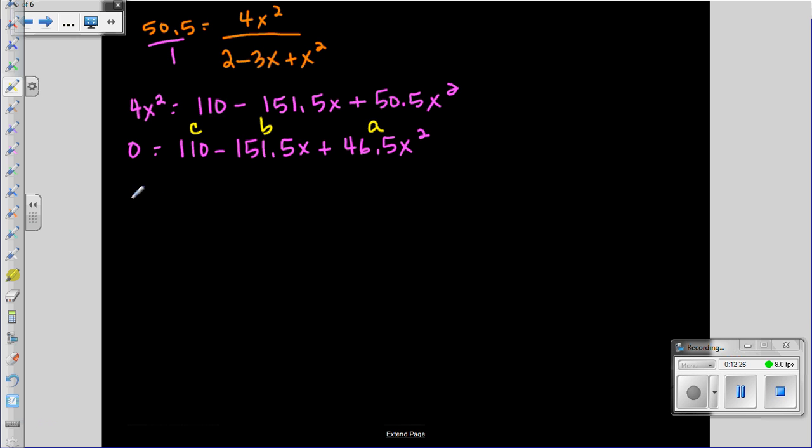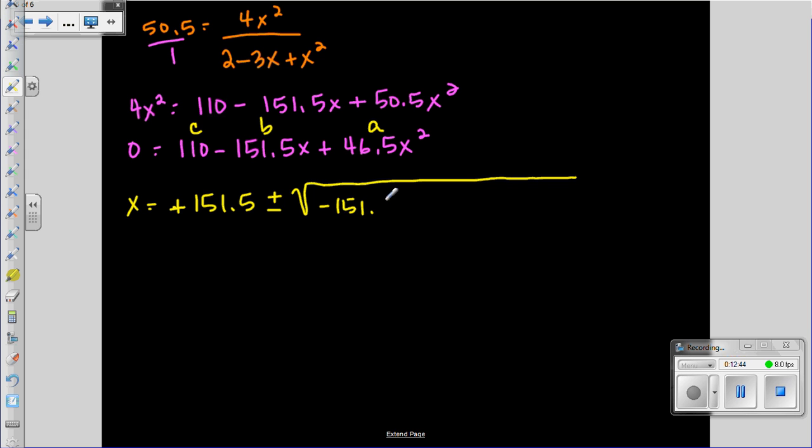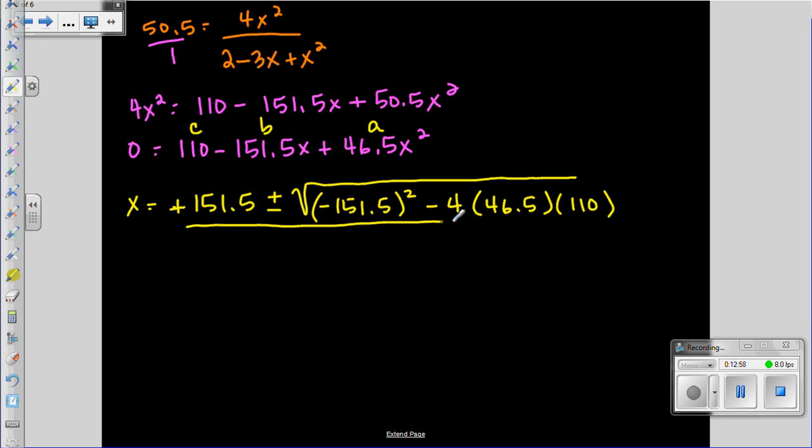So I need to substitute into the quadratic. So I'll have x equals the opposite of B, which is, now this is negative, so that means my B will be positive 151.5, plus or minus the square root of B squared, which is negative 151.5 squared, minus 4 times A, which is 46.5, times C, which is 110, all divided by 2 times A, which is 46.5.